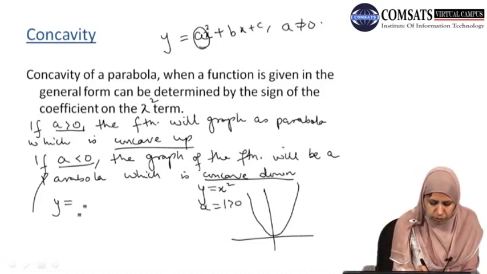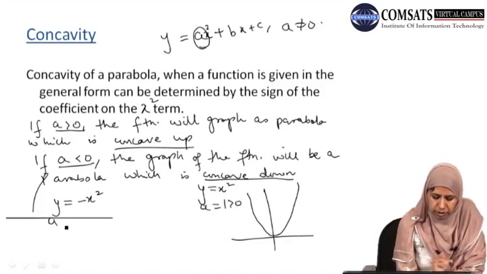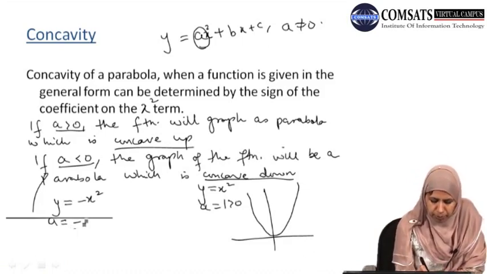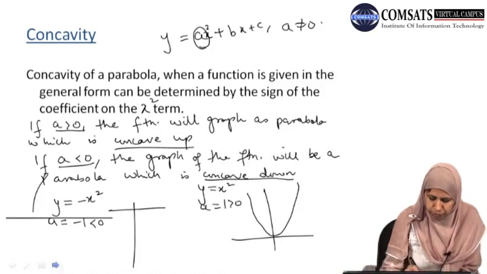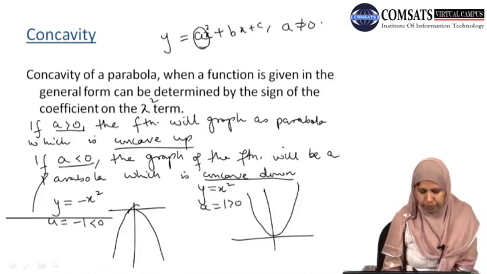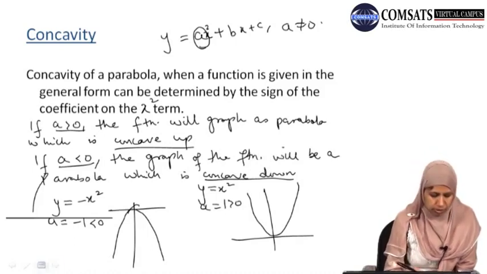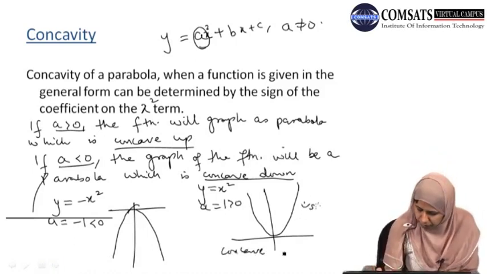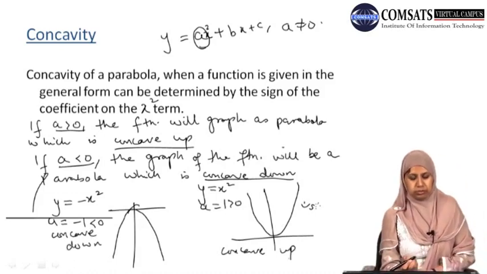Okay, y is equal to minus x square is a quadratic function with a equal to minus 1, which is negative. So this will be our parabola which is concave down, that is, it is open from the bottom. Concave up and concave down.